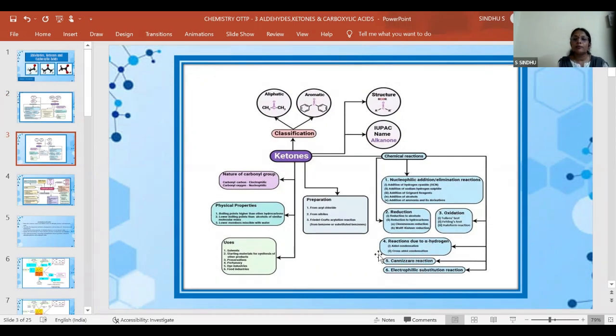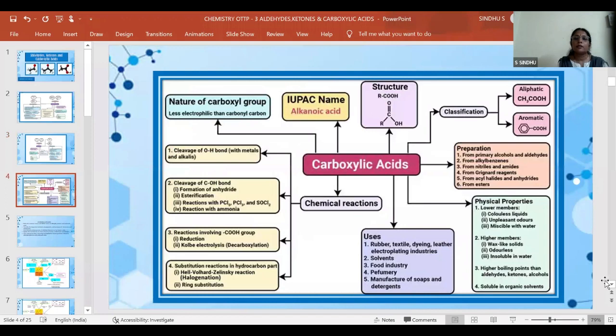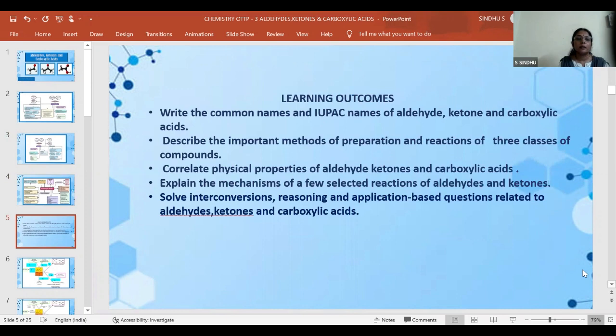Cannizzaro, we are not dealing with for ketones, and electrophilic substitution reactions of aromatic ketones. And coming to carboxylic acids also, structure, IUPAC naming, the preparation methods, and the chemical reactions involved for carboxylic acids. And the learning outcomes are similar to all organic chapters, basic learning outcomes related to this.